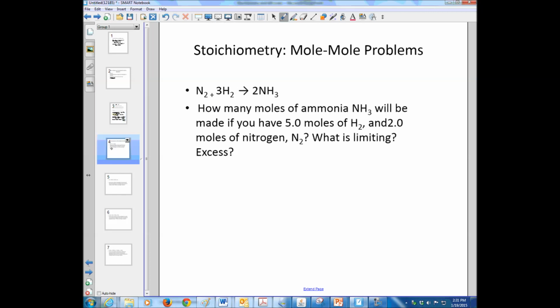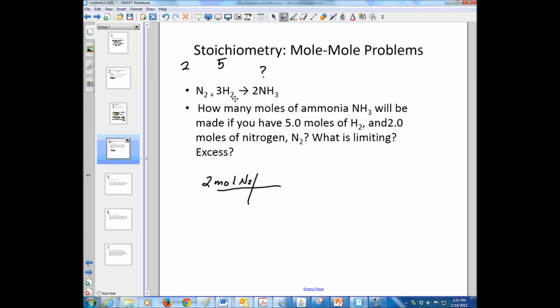All right, so let's try this one. And you guys work along with me. How many moles of ammonia will be made if you have 5 moles of hydrogen and 2 moles of nitrogen? So first, 2 moles of nitrogen.